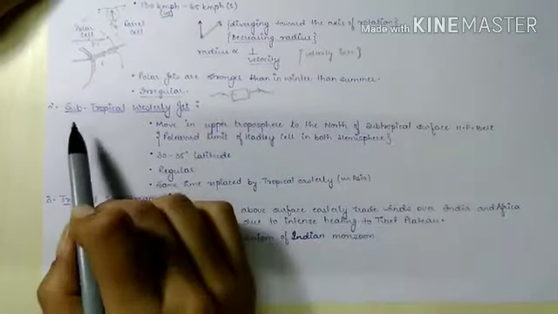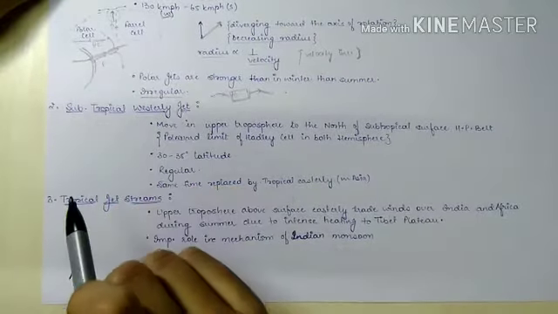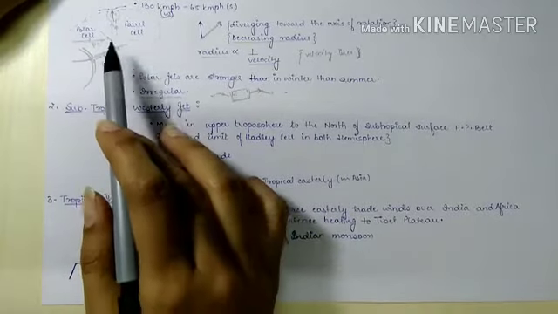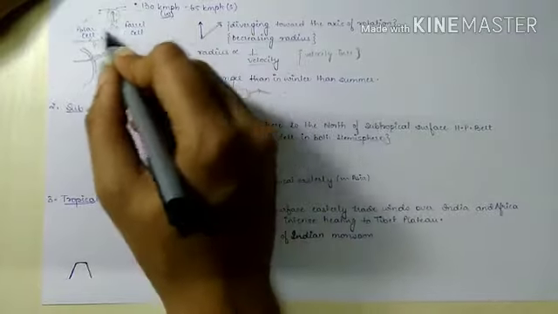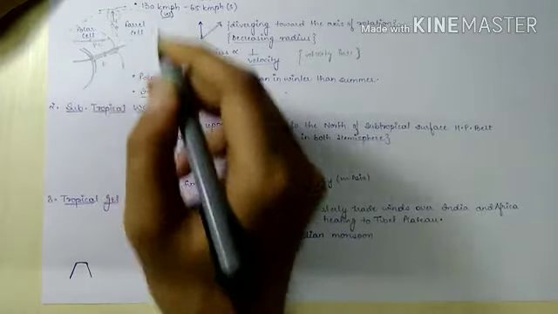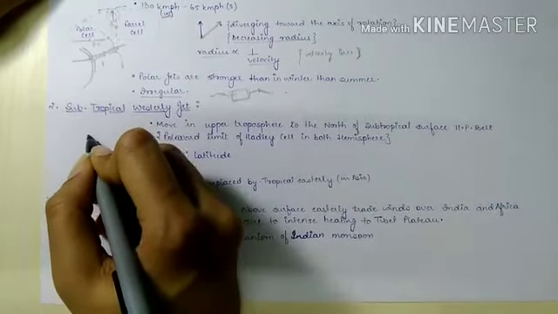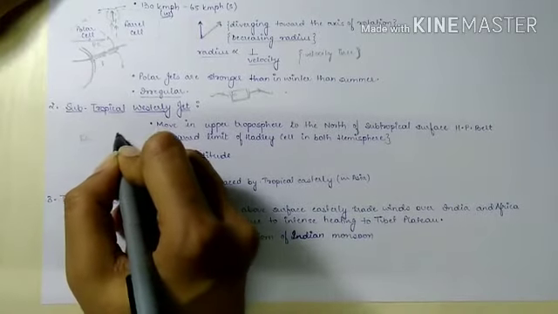Next we have the subtropical westerly jet. They are also formed in the same way, but the difference is that there we had the polar and Ferrel cell, but here we will have the Ferrel cell and Hadley cell.